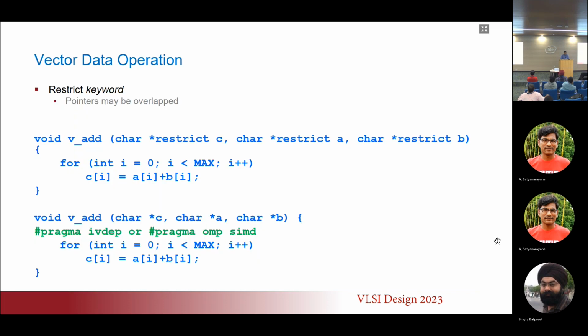And in real world, when you are programming, you can use the keyword restrict. And so in this loop, if you just put this extra command in the C program with Pragma IVDEP, which is what Intel compilers use, or Pragma OMP SIMD, and OMP is OpenMP, open multiprocessing, and this is what the whole world is using.